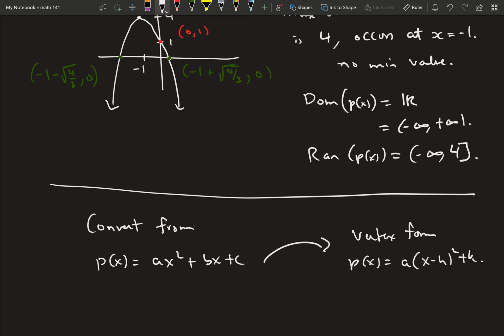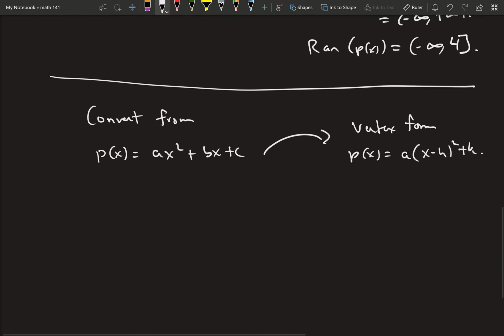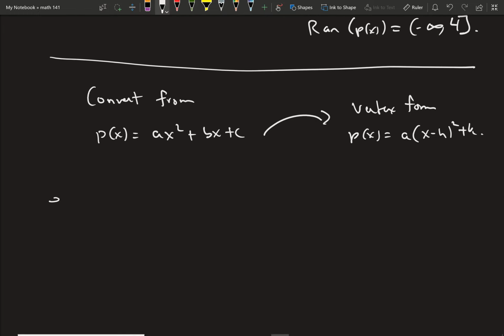So what we're going to do is some work on that. So let's do an example just of that part, because the rest of it, I think, hopefully we have some ideas about.